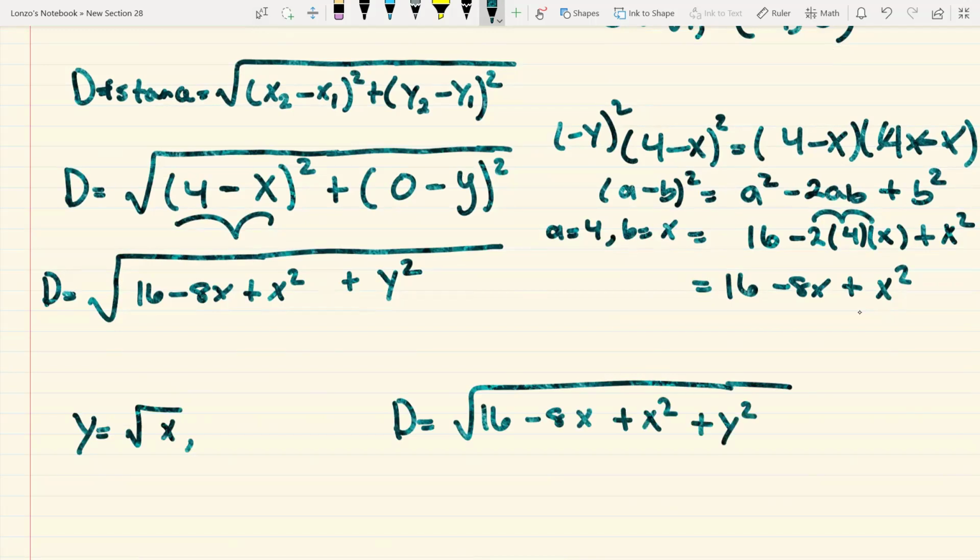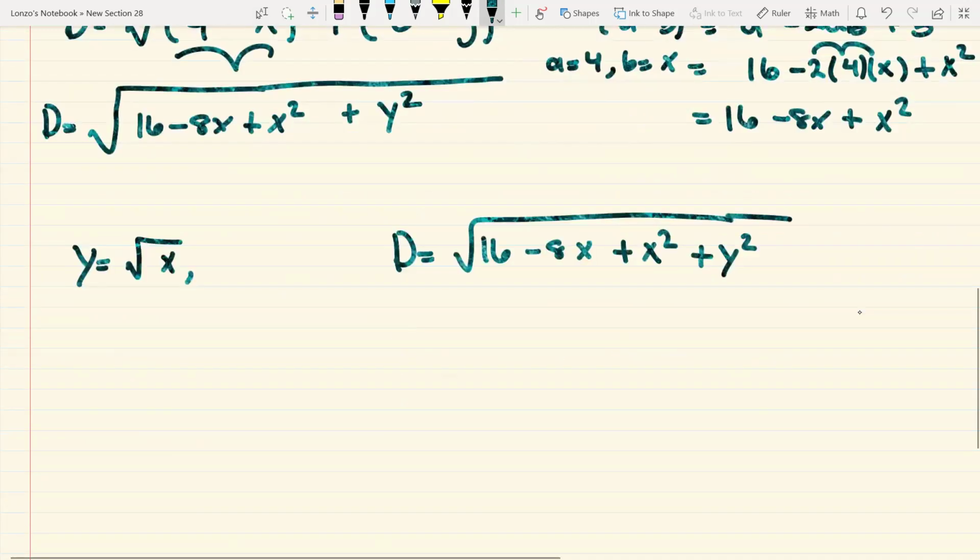Now what I'm going to do is, what can I do? So I have my two equations. So the next step is substitute. I already am given my y value, so I'm going to substitute that back into the distance formula.